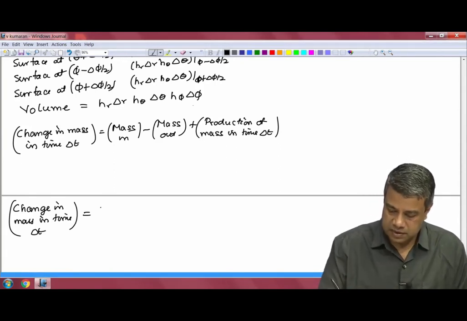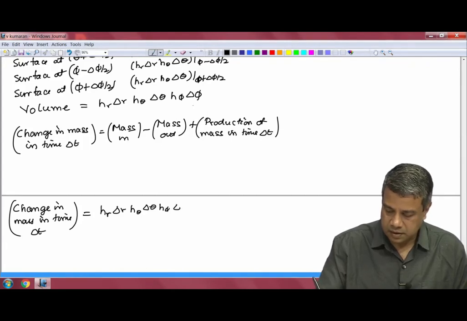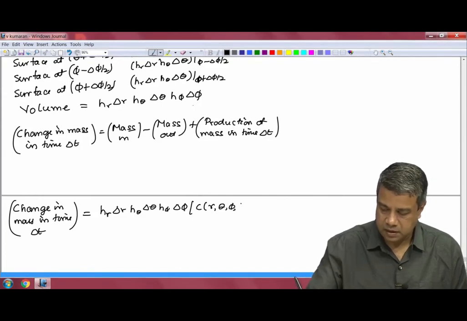The volume is h r delta r, h theta delta theta, h phi delta phi, into the concentration at r theta phi t plus delta t, minus the concentration at r theta phi t.